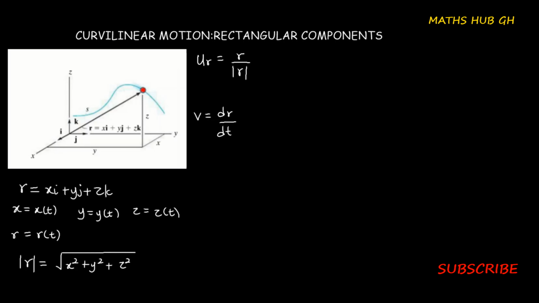So when we do this, we're going to have d(x)i/dt plus d(y)j/dt, the y should go with j, not i, plus d(z)k/dt.